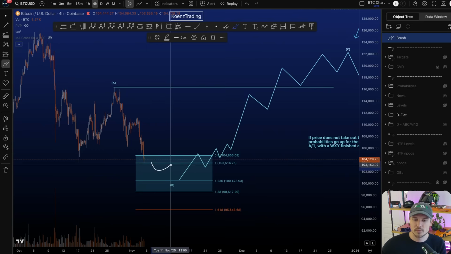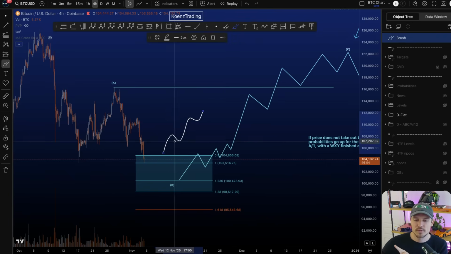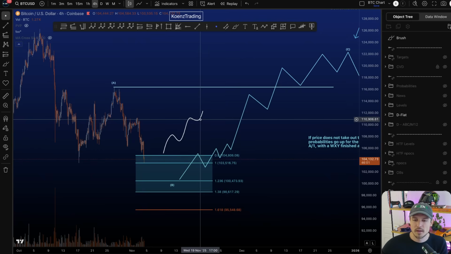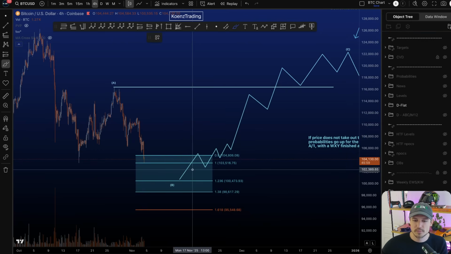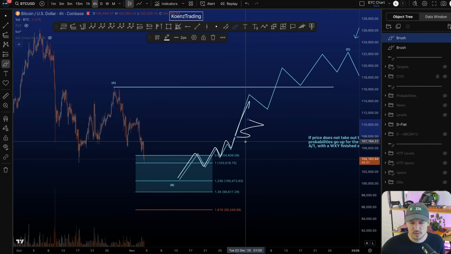So if price can move towards the upside, it's generally easiest for people to try and count motive waves, either an impulse, 1, 2, 3, 4, 5 off the low, or a multi 1, 2 to the upside, 1, 2, 1, 2, 1, 2, which is 5, 3, 5, 3, 5, 3, and eventually you continue to the upside in a larger wave 3.